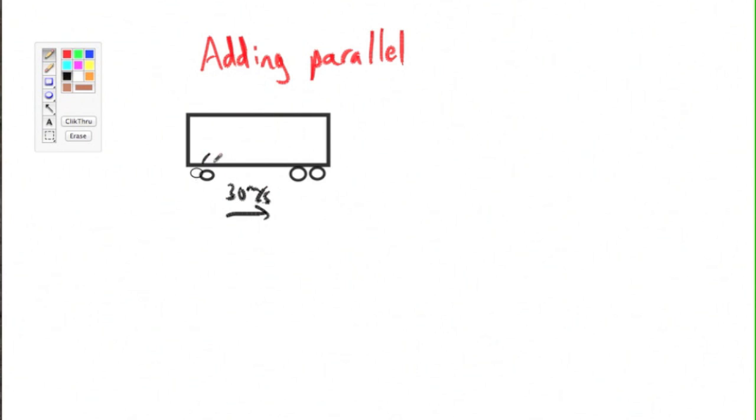If I walk toward the front of the car because there's the snack machine up here, and I walk forward in the car at 2 meters per second, well then somebody outside will see what amounts to a combined velocity, and we'll find that velocity by combining velocity 1, the velocity of the train, and my velocity.